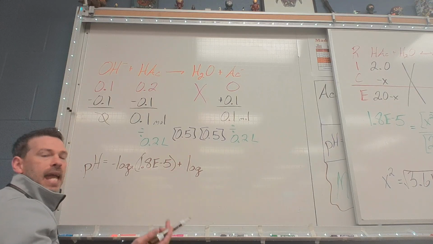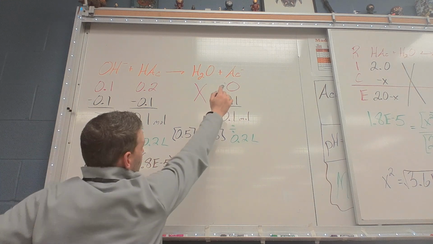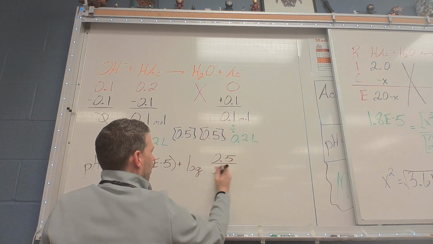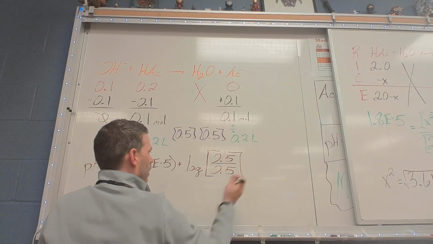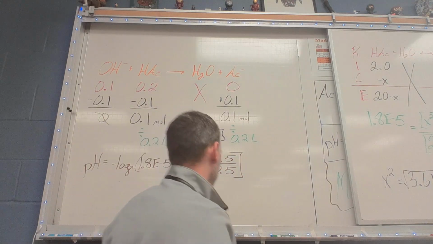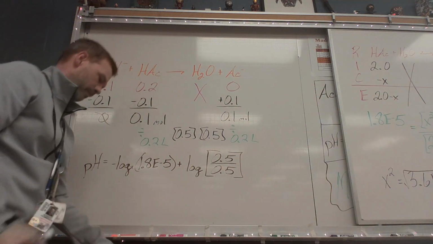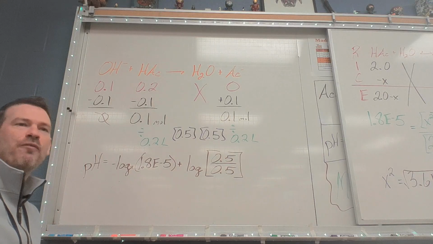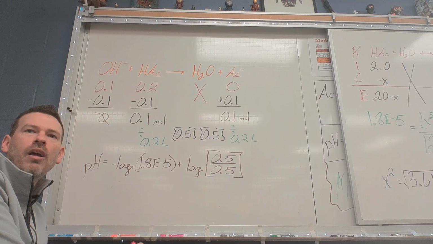The concentrations are the same, but which one would go on top? AC minus, right? It's always the ion, but they were pretty nice this year. And that'll give you a pH, which feels like a good moment for your weekend getting near.